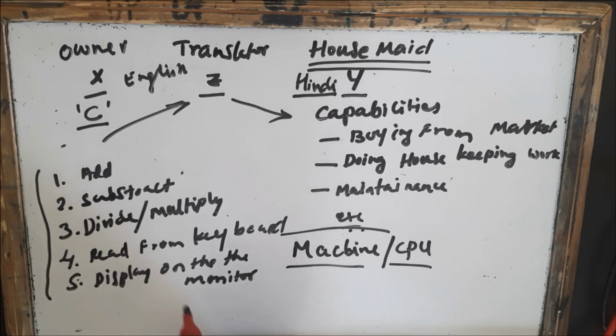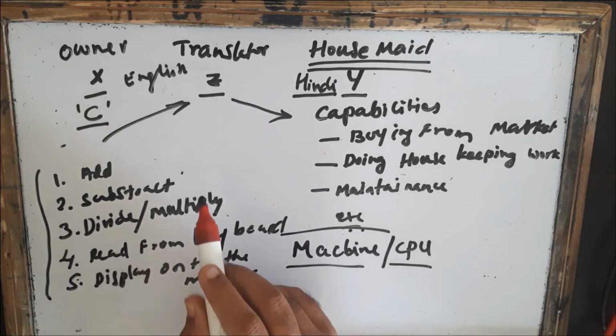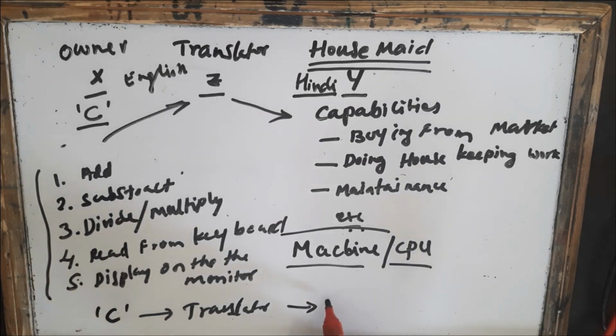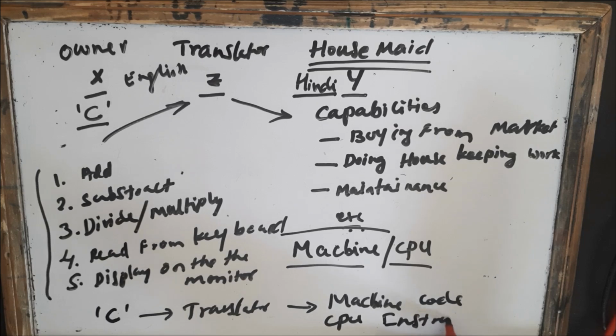We know that about our machine or CPU, and we write all our instructions in the C language and give them to the translator, and convert them into machine code, or we call it CPU instructions.